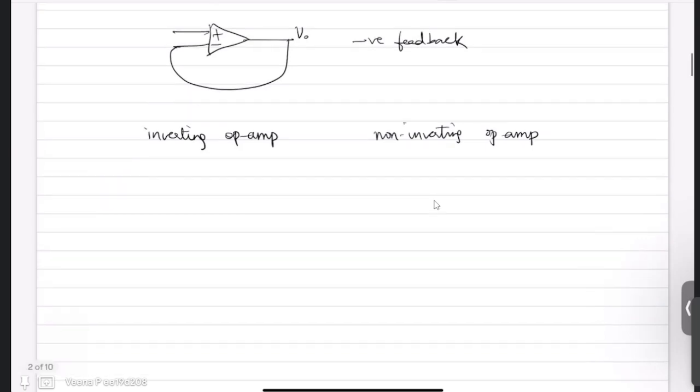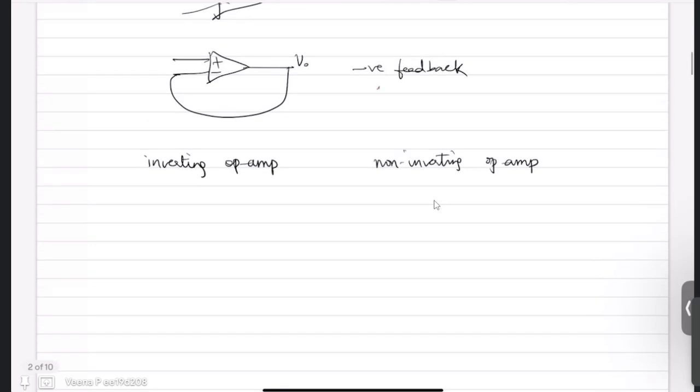So, inverting op-amp and non-inverting op-amp both are negative feedback systems. Both are stable systems. Now, inverting op-amp is the one which is a negative feedback op-amp where you give supply to the inverting terminal. Whereas a non-inverting op-amp is the one where you give supply to the non-inverting terminal.